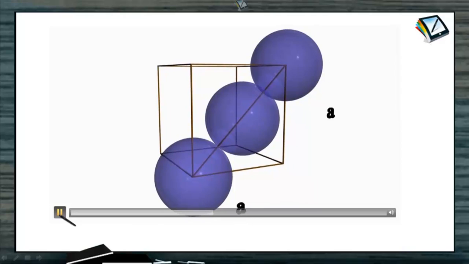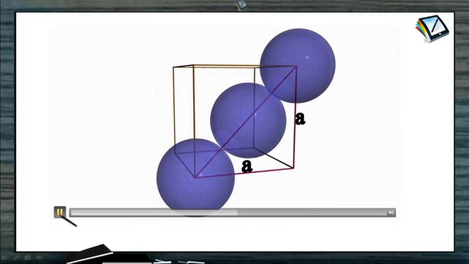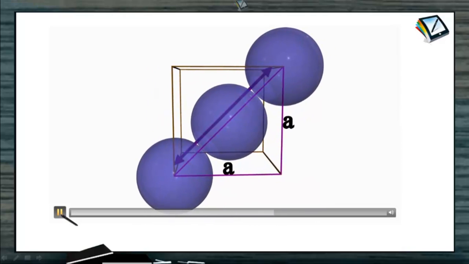Edge length is A here. And the diagonal of the face is root 2 A, which is equal to 4R. This would give a clear expression for you. And the distance between the neighboring atoms is nothing but half of the diagonal, that is root 2 A by 2, that is 4R by 2, that is 2R.